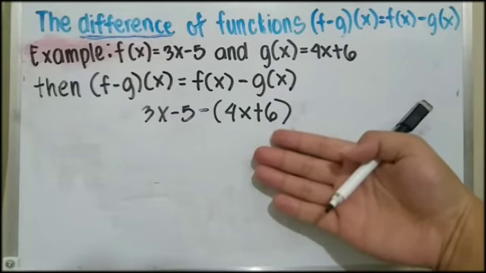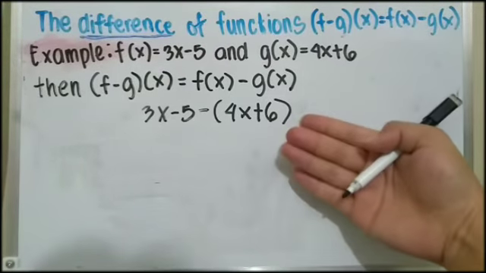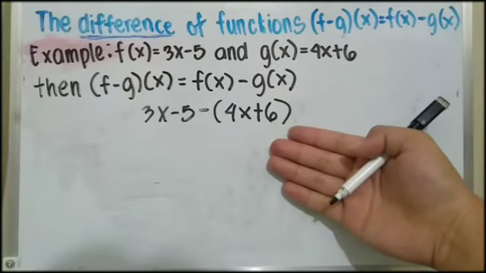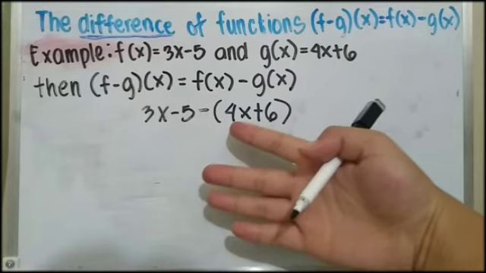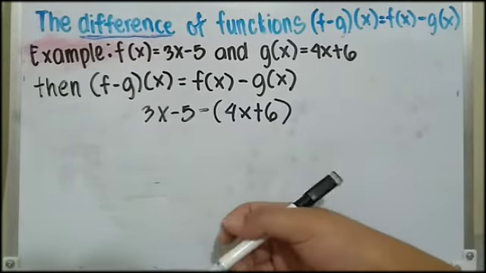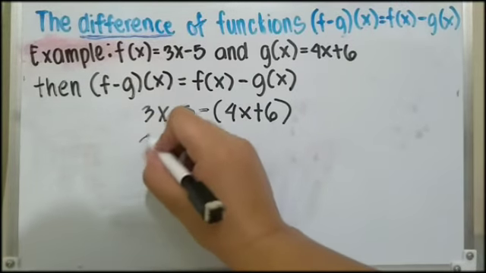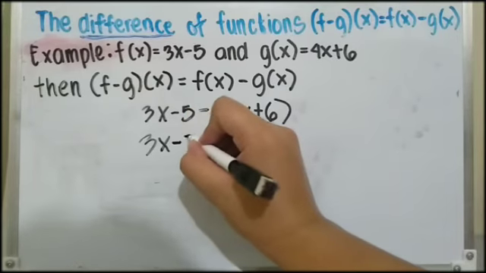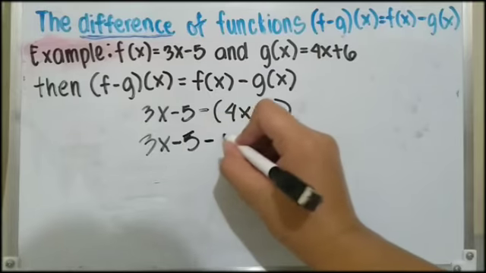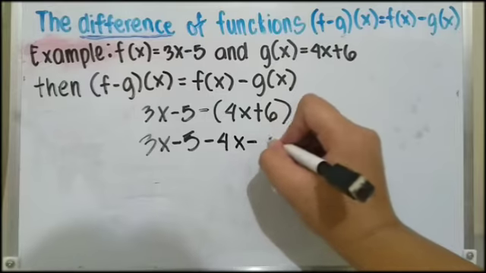So if we are doing subtraction, parentheses are very important, because if we don't put them, there's a tendency that the signs of our 4x and 6 will not be changed. So the next step is 3x minus 5 minus 4x minus 6.